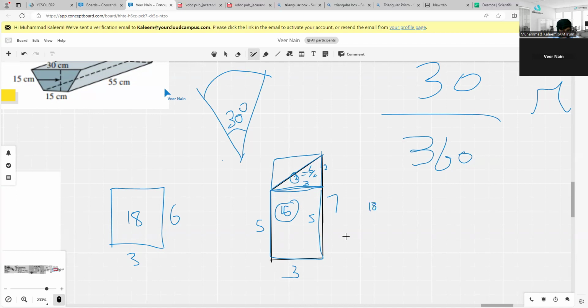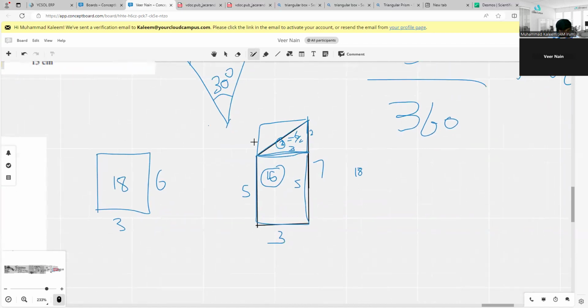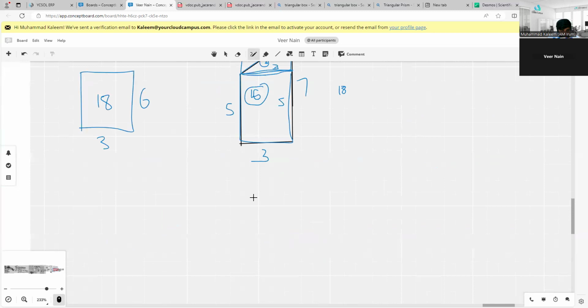But the question was why we divide the sum of these two sides by 2. The reason is that we are finding the area using a different technique. With 5 and 7, we extend one up to which point, and reduce the other up to which point, to make them equal? Suppose I cut this piece and put it here, so it will be a rectangle.